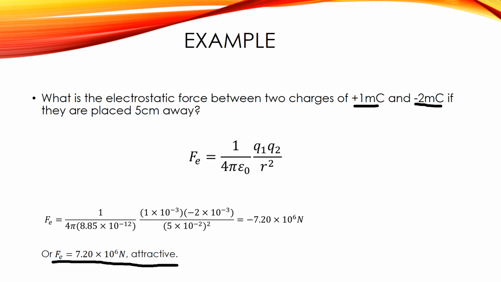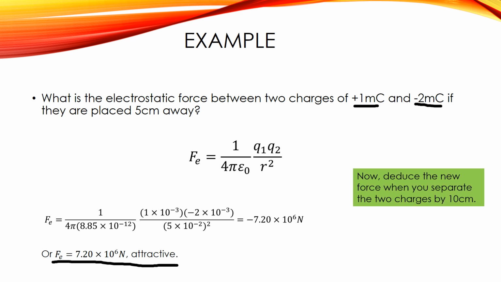Now if I want to ask you another question here, what happens if I separate the two charges by a distance of 10 centimeter? Initially it was placed 5 centimeter away, and if I'm now going to separate them by 10 cm away, what would be the new force?